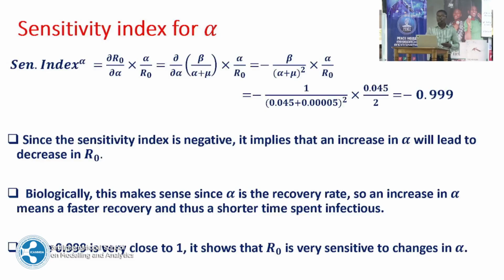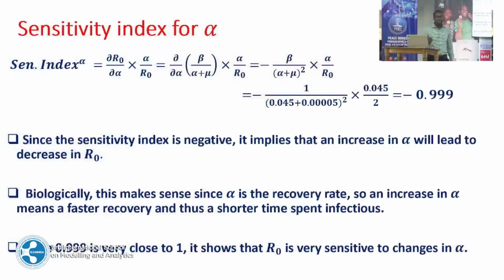And then you can now suggest ways. What are the ways you can use to make recovery faster? You can say, okay, let's start treatment. If it's for malaria, let there be rollout of ACT. Let there be treatment for malaria so that people can recover faster.